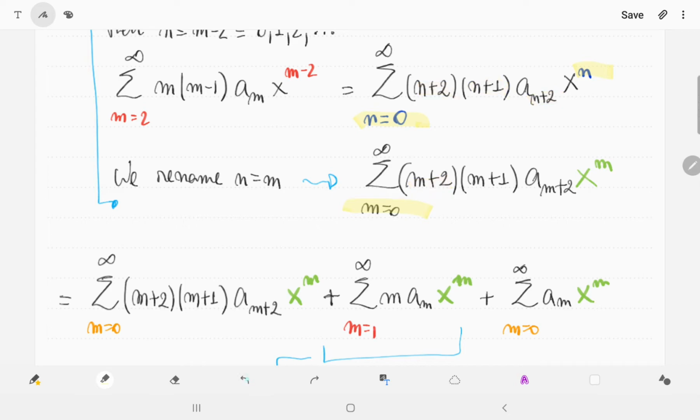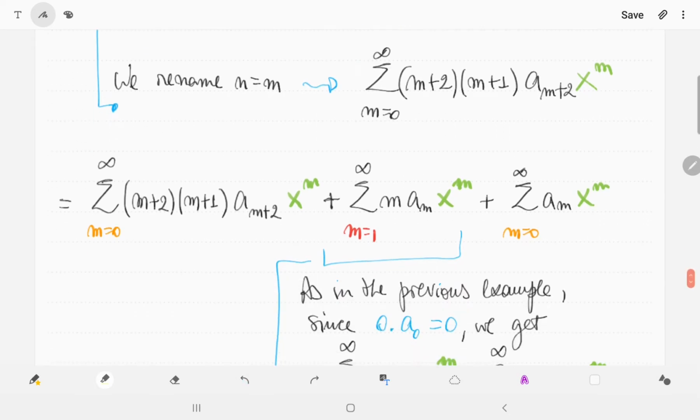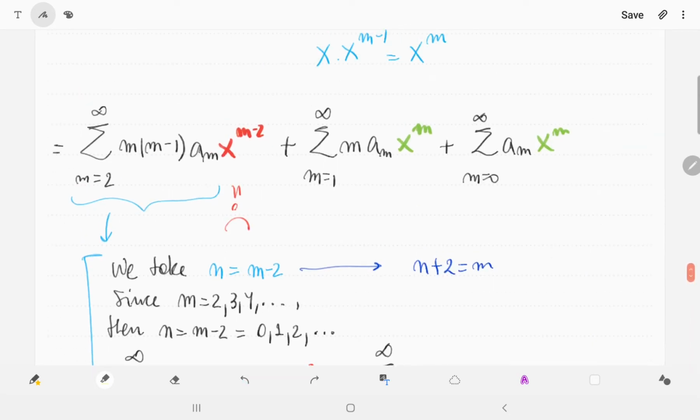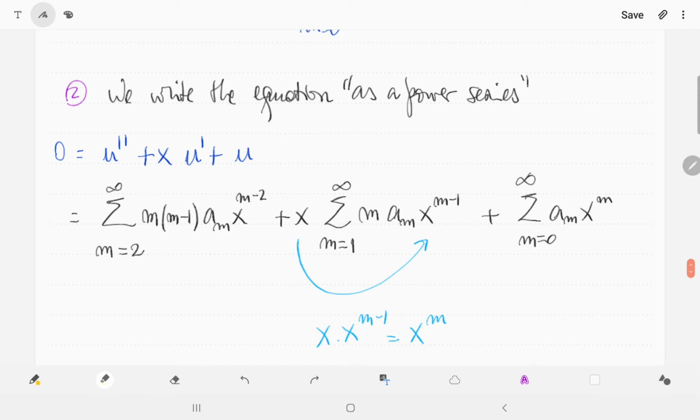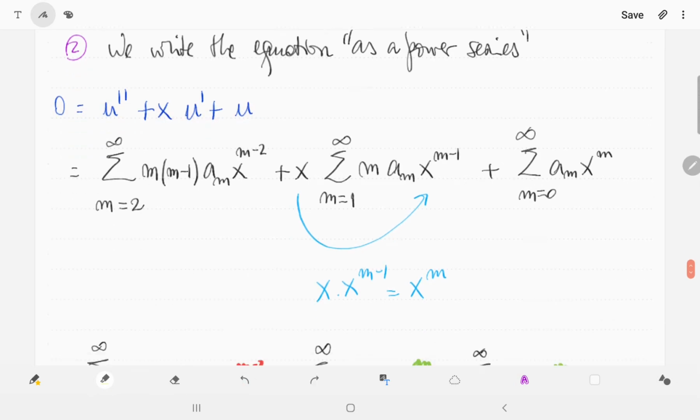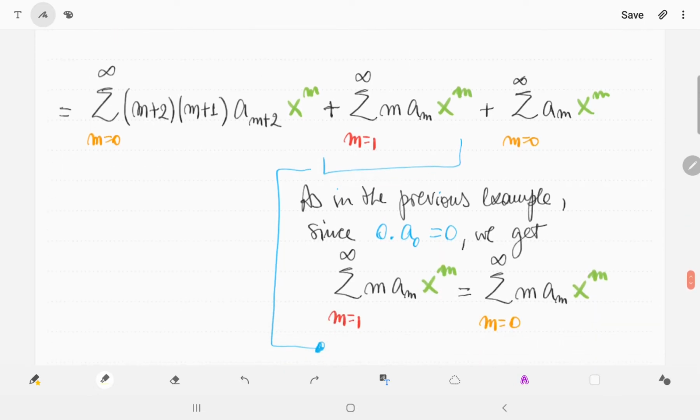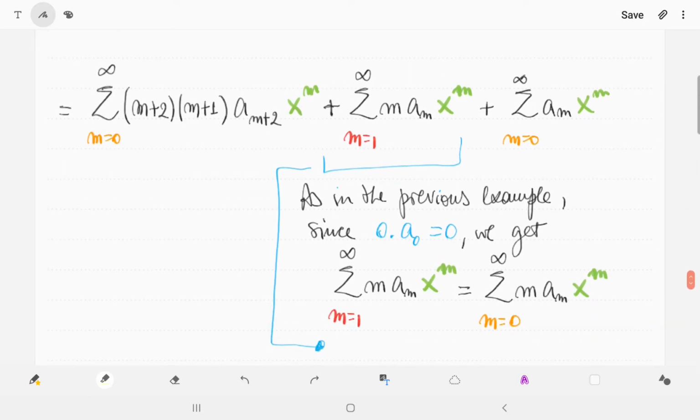Okay, so now we are almost done with step 2, because now we are rewriting the equation as a single power series. So we go back and we have this power m, power m, power m. So that's great. And then we pay attention to where each power series starts. So here m equals 0, which is nice because they are the same.